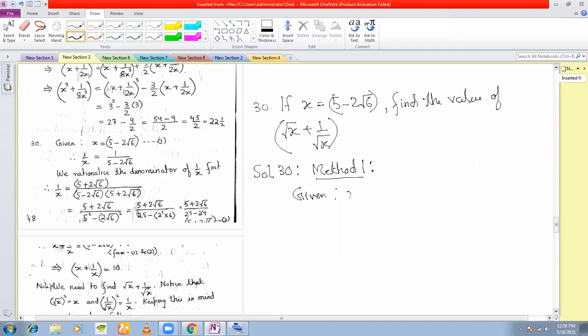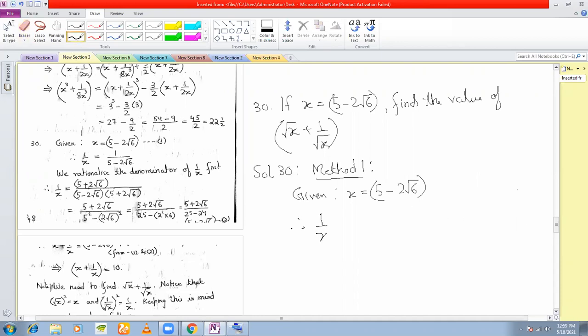given x is equal to 5 minus 2 root 6. Now see here, if I square root x, I'll get x, isn't it? And if I square 1 by root x, I'll get 1 by x, isn't it? So that is why we find 1 by x first.